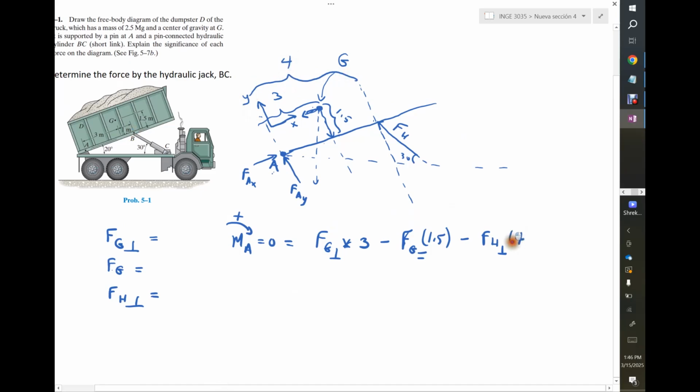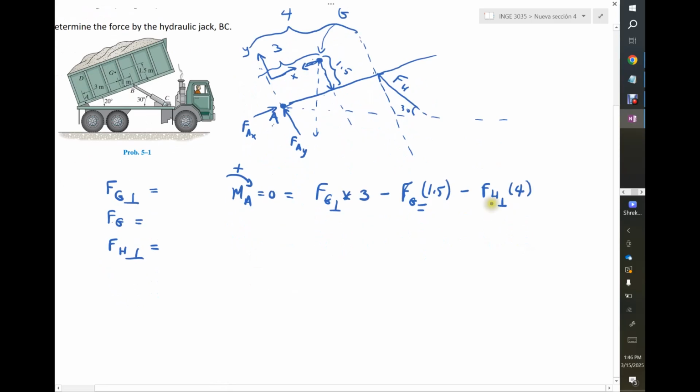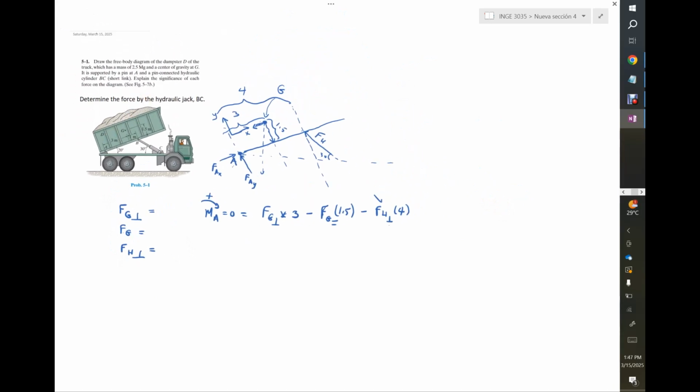The only thing you need to do then is solve for the force, and this force hydraulic perpendicular is eventually going to come from the force on the actual FH.